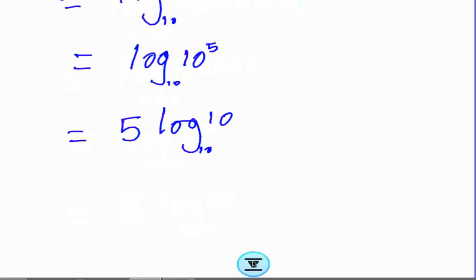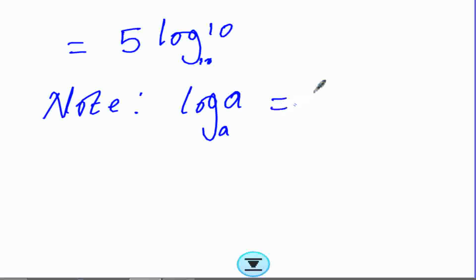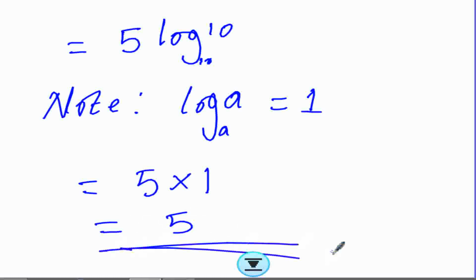But note, log a base a is the same as 1. So log 10 base 10 is 1. So that will give us 5 times 1, which is 5. So our answer to the question is 5. Thank you.